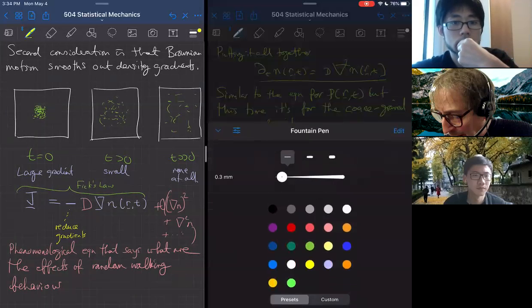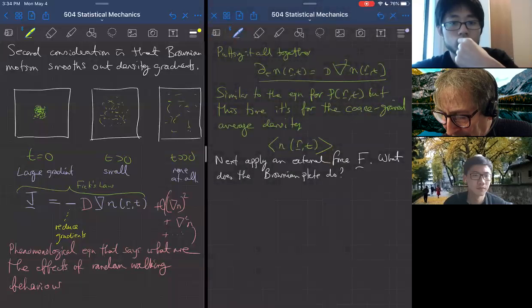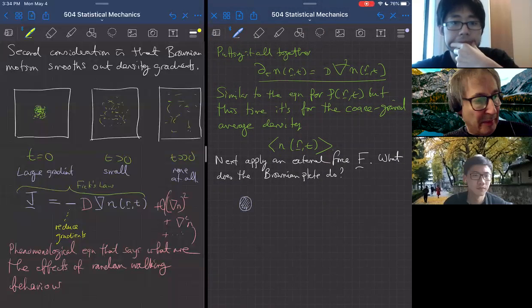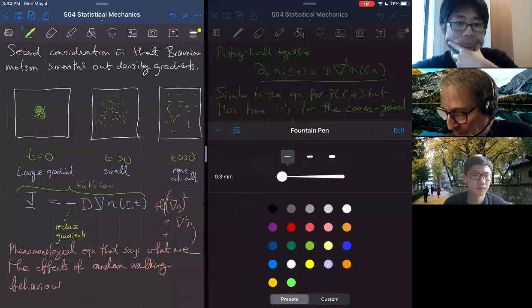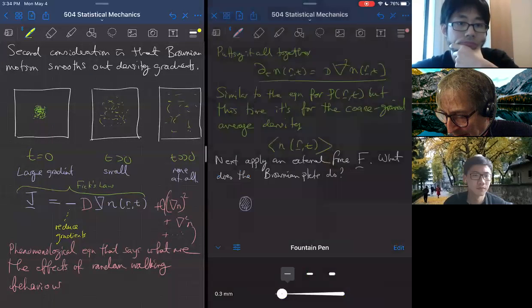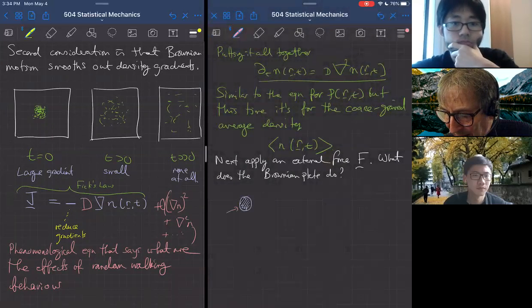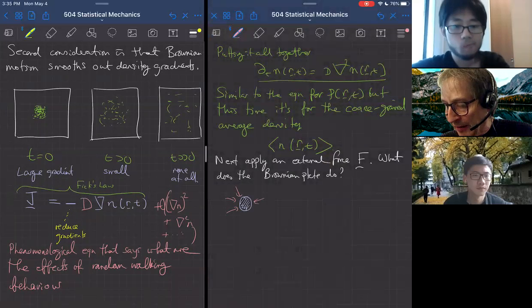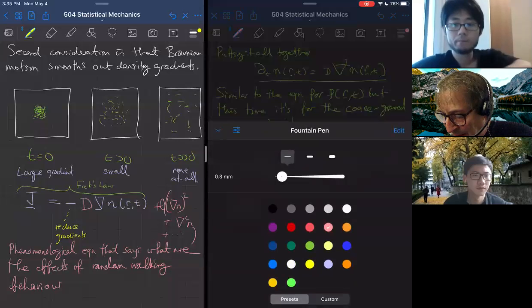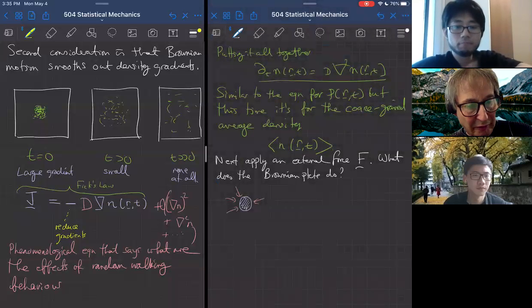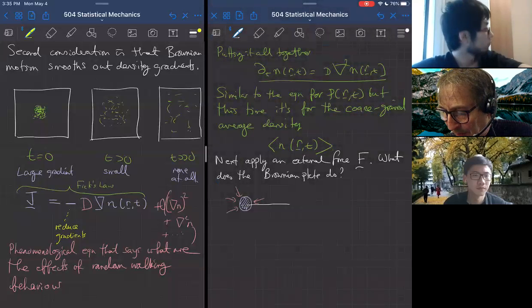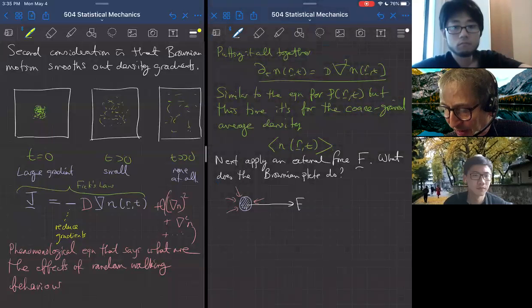So let's remind ourselves back at the beginning. We talked about our particle being like this, and now it's still subject to these molecular impacts, like so. Okay, so there it is, but now it's also got this external force that is pulling it like so. So that's our external force.